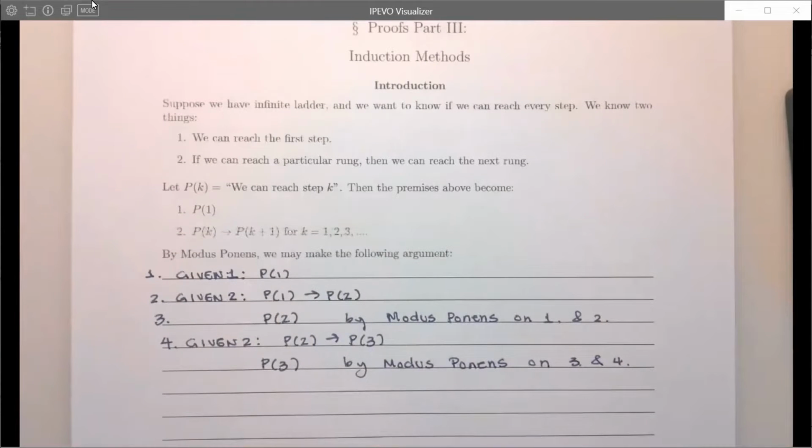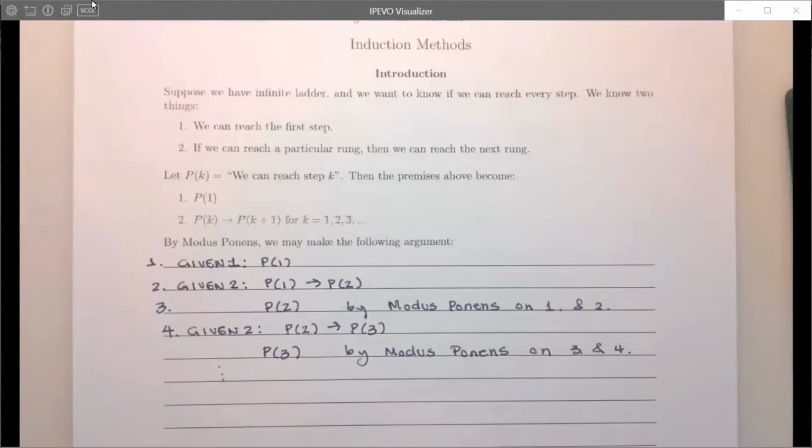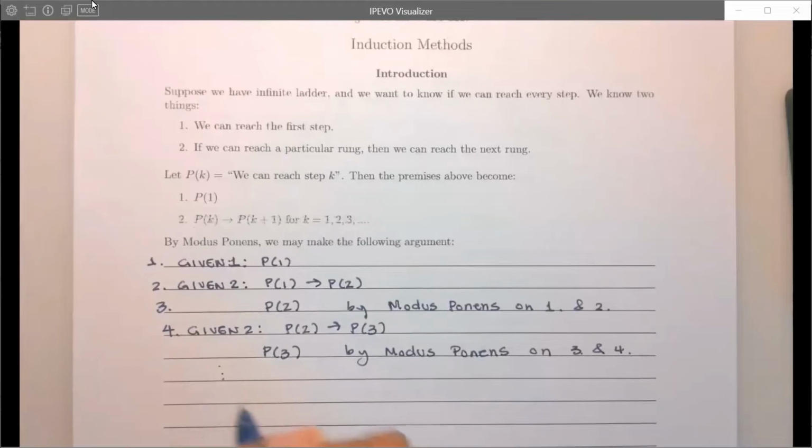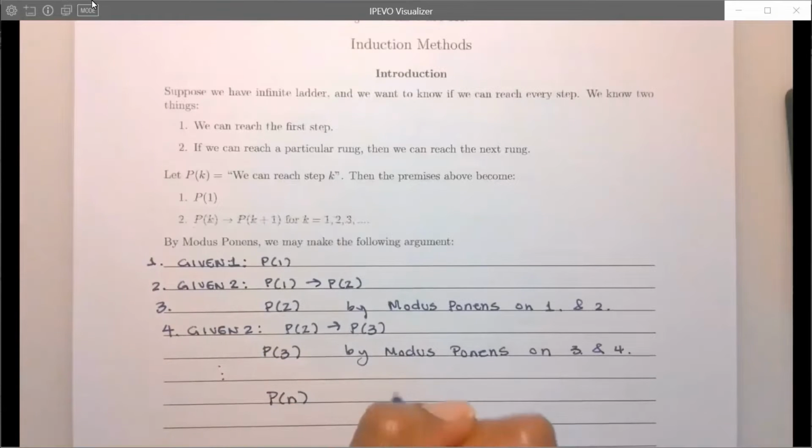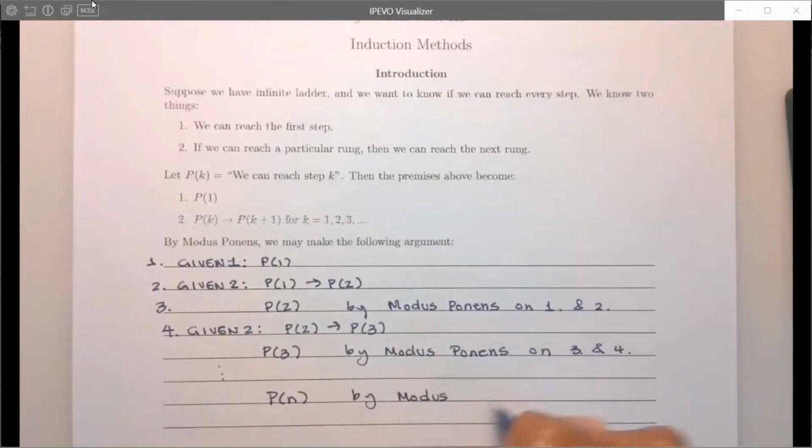Basically, we can repeat this process until we reach P of K or P of N, where N is representing the nth step. Eventually we're going to reach P of N is true by modus ponens on the previous two steps.